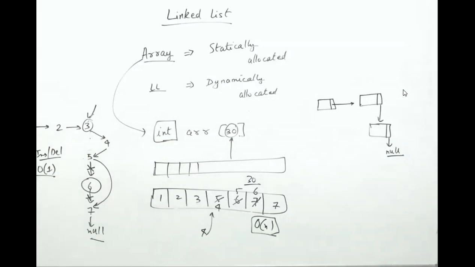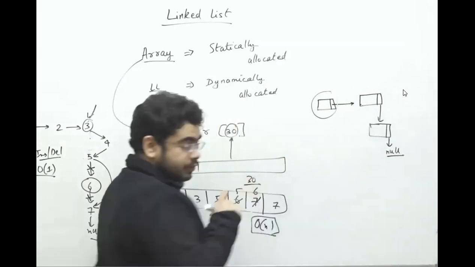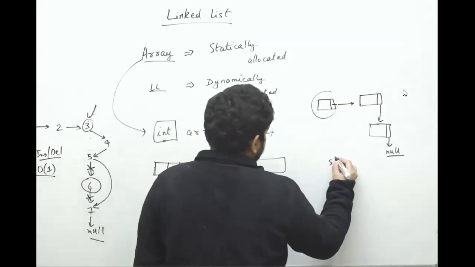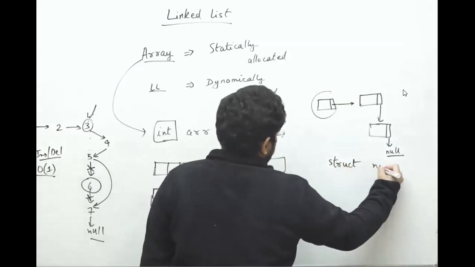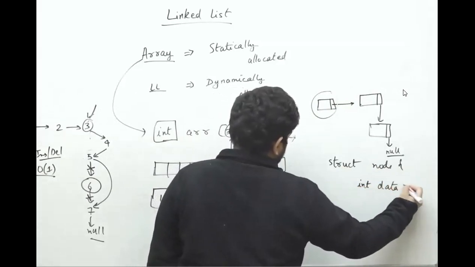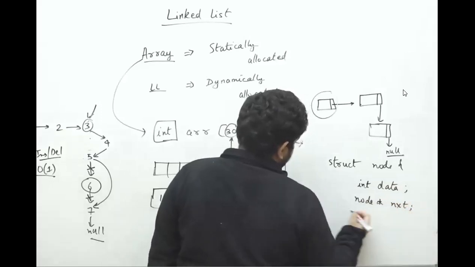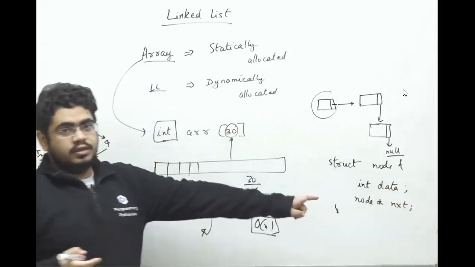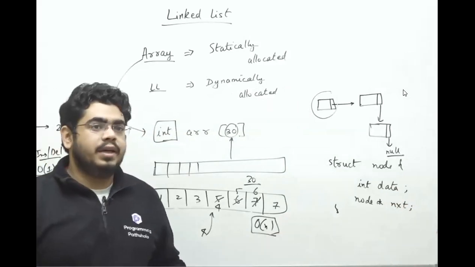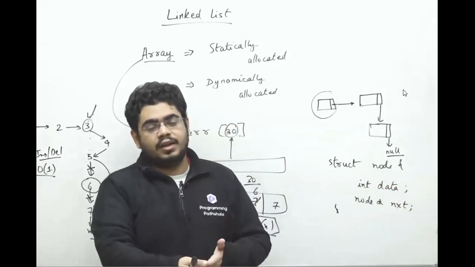Okay. So let's define how the structure of this node will look. If you remember from binary tree, it's exactly the same. We'll have struct node, then we'll have int data, and then we'll have node star next. Does this make sense to everyone? In C++, Java and Python, people will make a class, and we'll have a class inside the class.